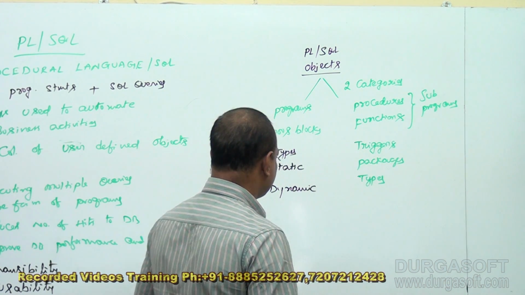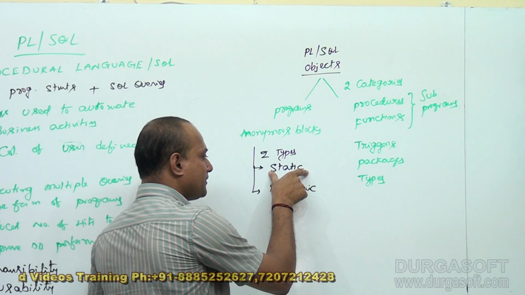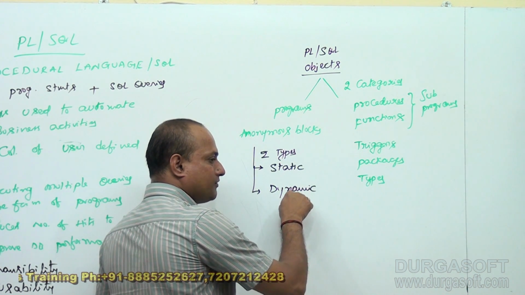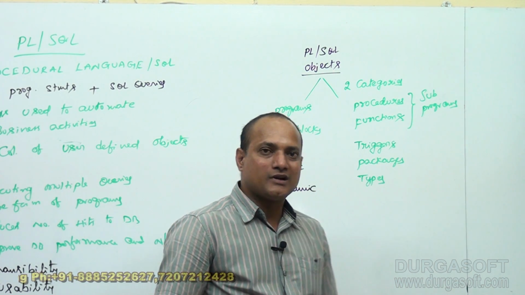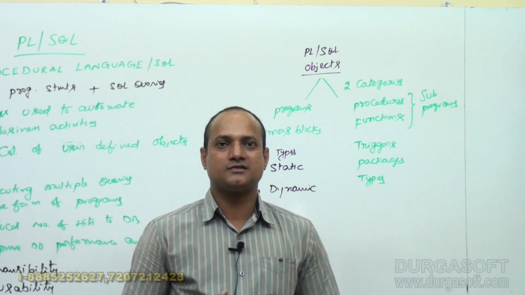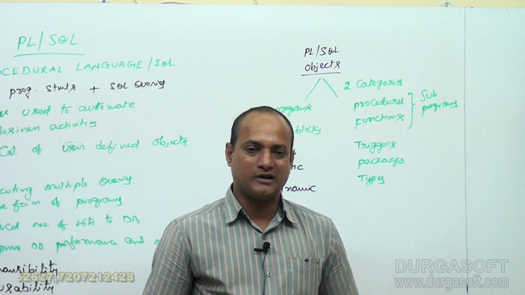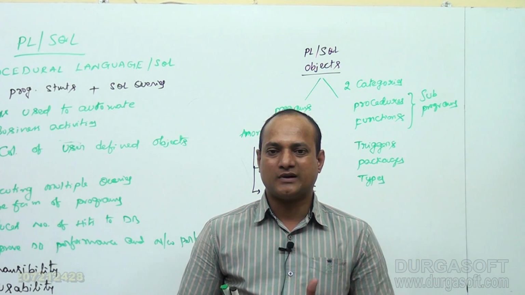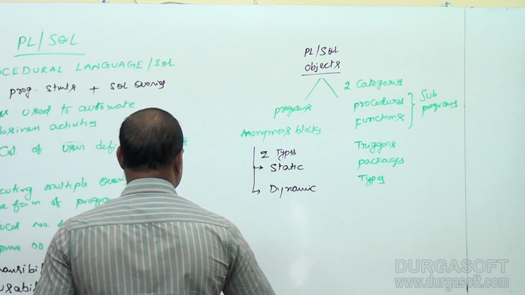If a program accepts runtime input values, it is called dynamic. If it is not accepting them, it is called static. Static programs will not accept runtime input values. Dynamic programs will accept runtime input values. This is about programs. Before discussing the types of programs, let me discuss the structure of a PL/SQL program.